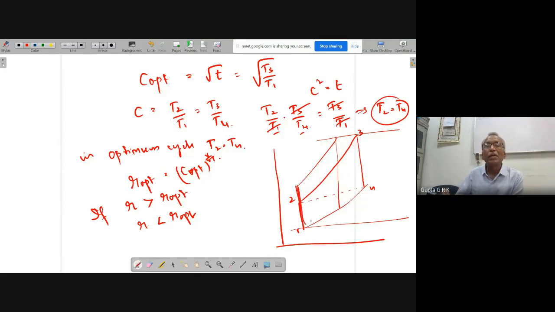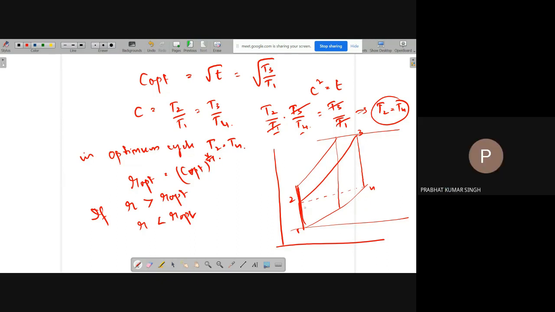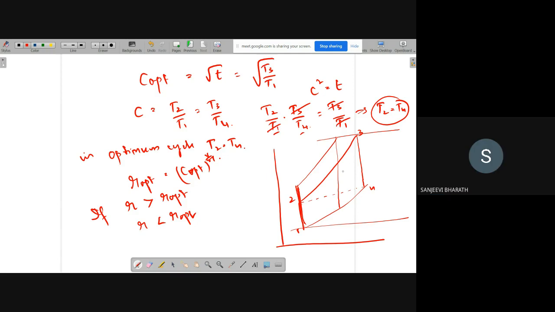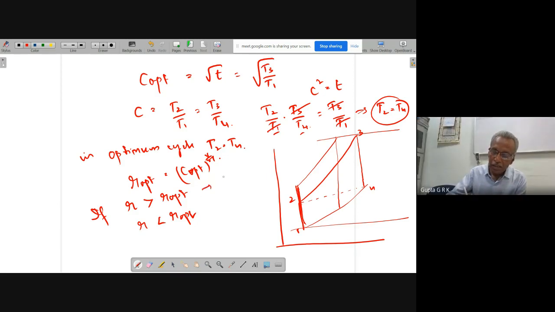The work taken by the compressor is a lot compared to the previous case. Now you can see WT minus WC decreases. Am I right or not? Yes, sir. The work is less because WC is high. The compressor takes more work from the turbine, so W net decreases. What happens if R is less than R optimum?